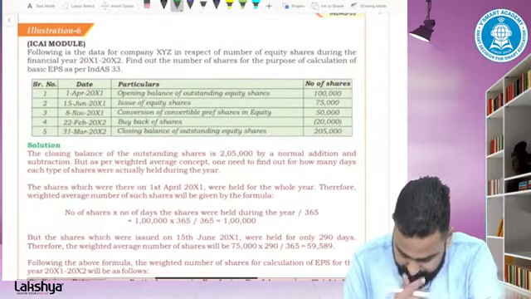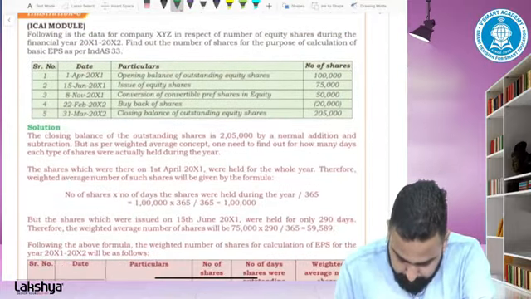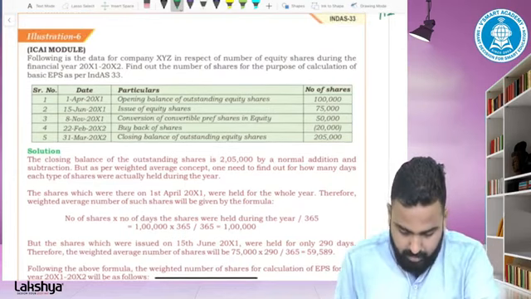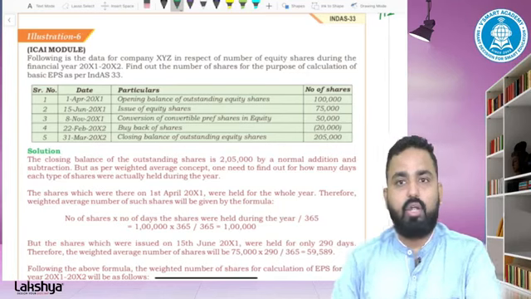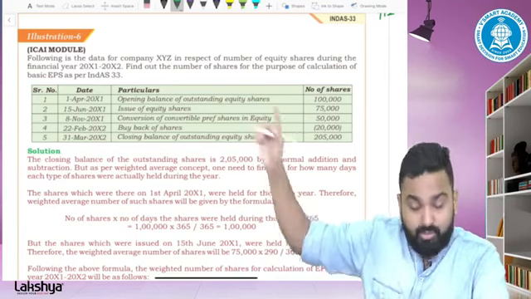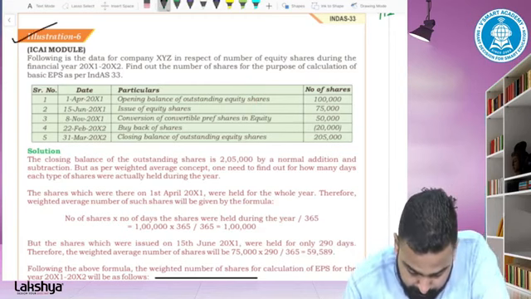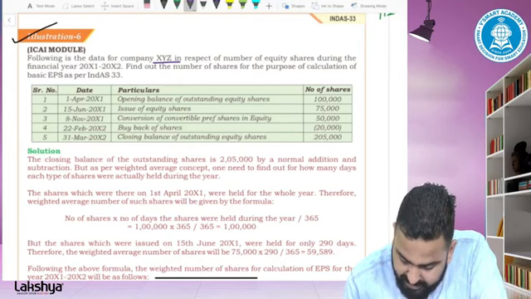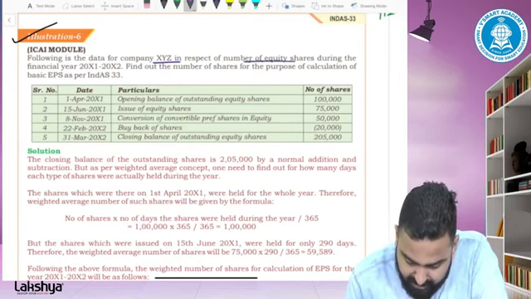Okay, let's try to solve this question. Now see this. Following is the data for company XYZ in respect of the number of equity shares during the financial year 11-12.